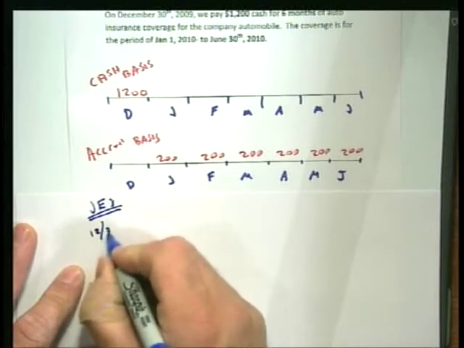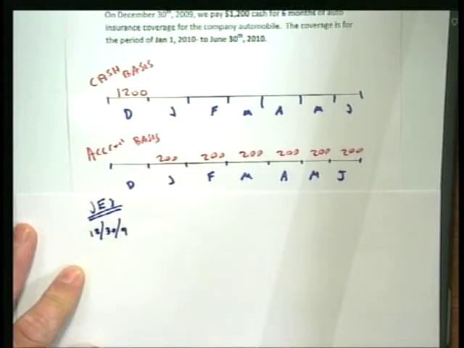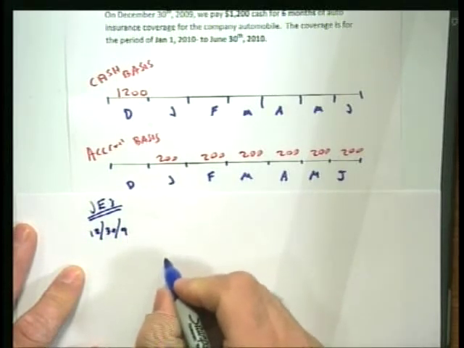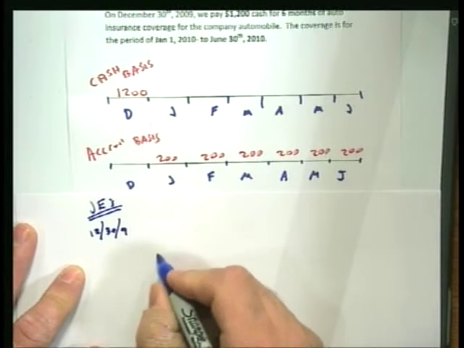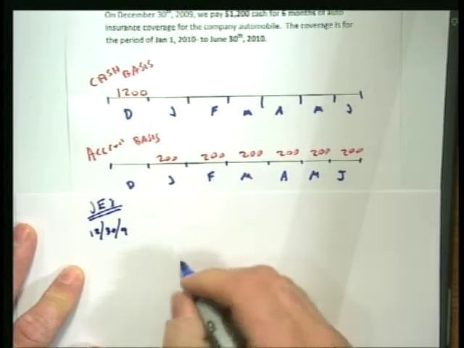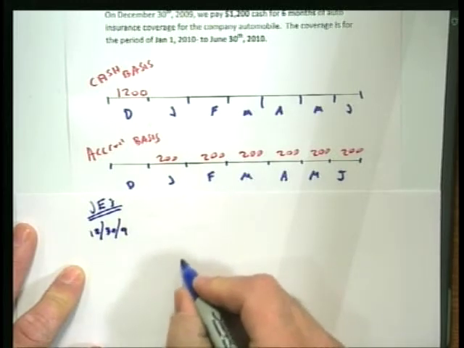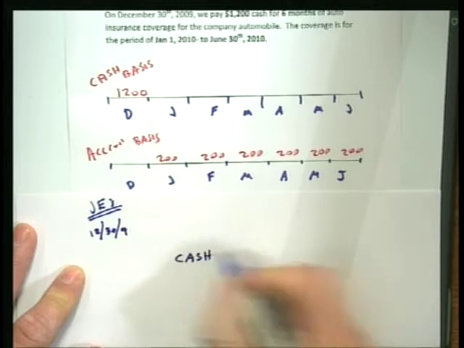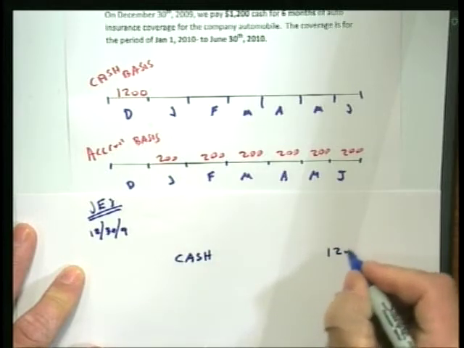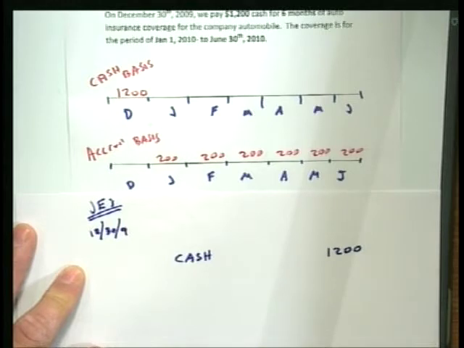So, on December 30th of 2009, the journal entry is going to be a debit. Well, let's do the credit first. We're not going to list it first, but we're just going to write it down first. The credit will be to cash for $1,200, because cash is being decreased. Cash is a normal debit balance account.